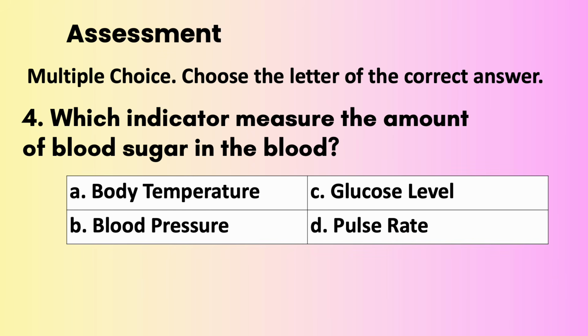Question number 4. Which indicator measures the amount of blood sugar in the blood? Recall our unlocked terminology. The term we use for the amount of sugar present in the blood is letter C, glucose level.